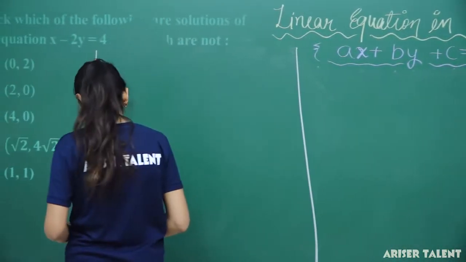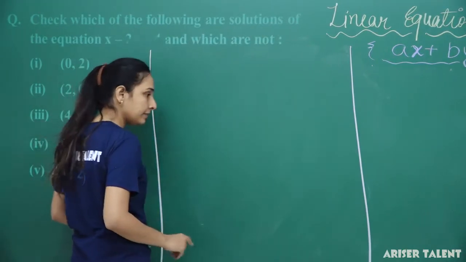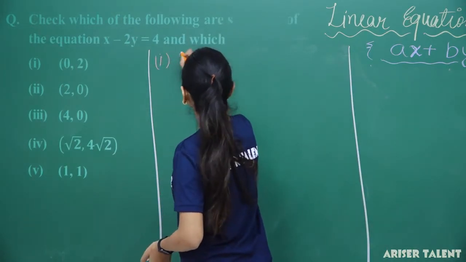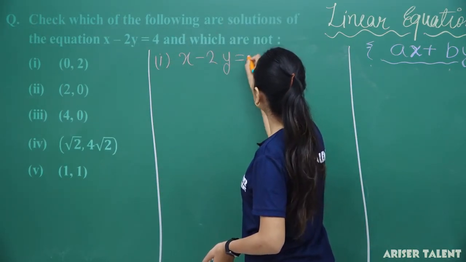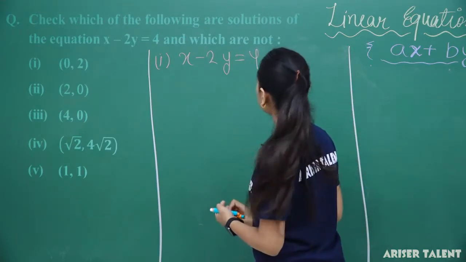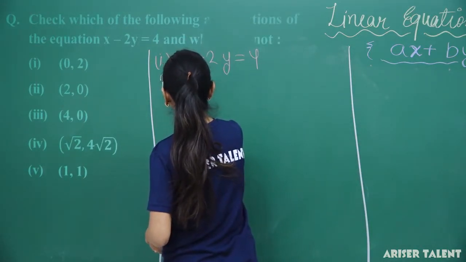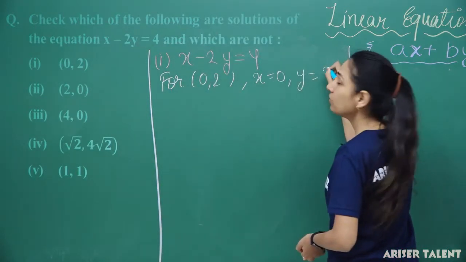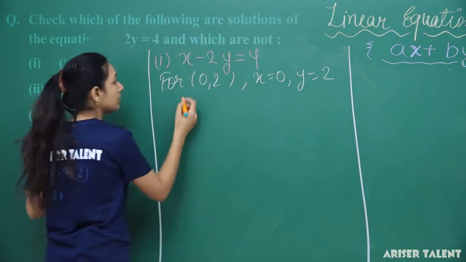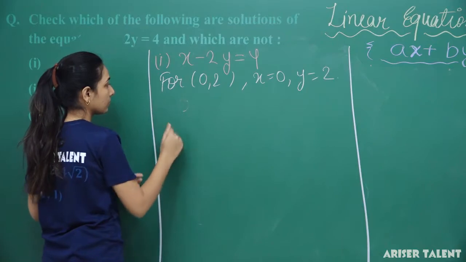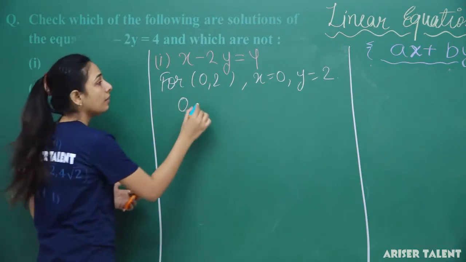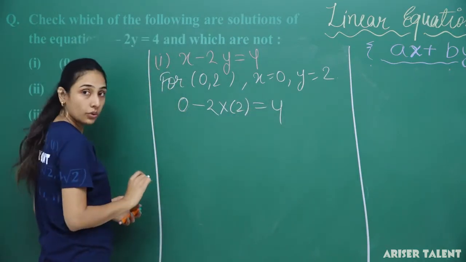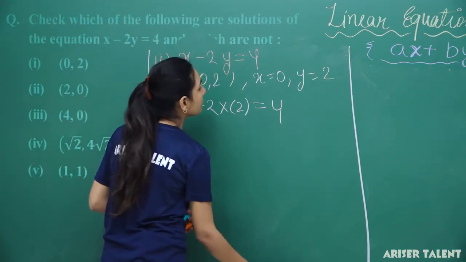Right? Okay. So the first number, this first number is what? We are having the same equation, x minus 2y equals 4 here. Now, for 0, 2, x equals 0, y equals 2. Just put the values.